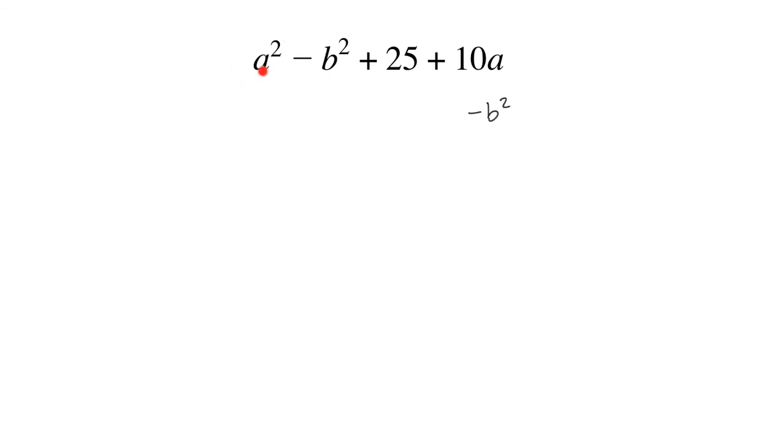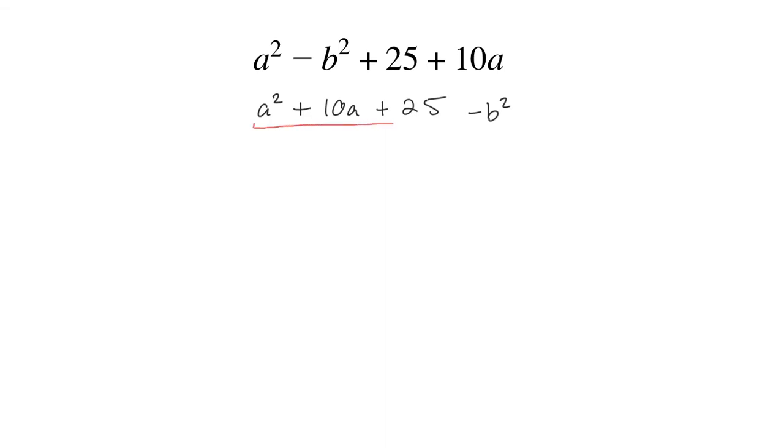Well, I know that a squared and 25 are perfect squares. And 10a happens to be a times 5 multiplied by 2. So that would be our middle term if this is a perfect square trinomial. So I'm going to rewrite it like this: a squared plus 10a plus 25, and then keep that minus b squared at the end.